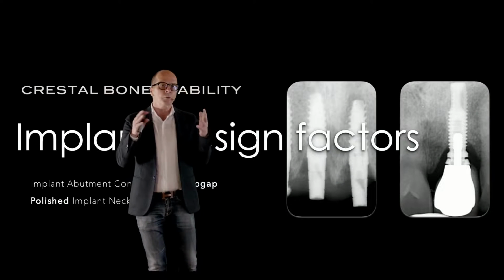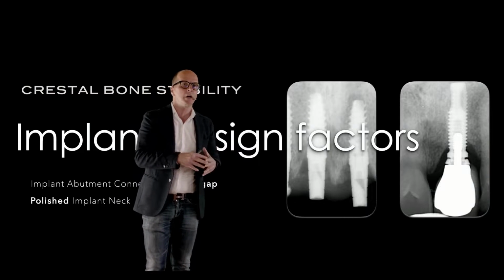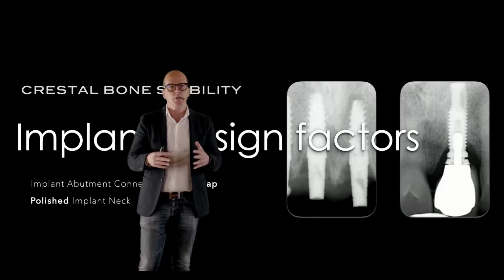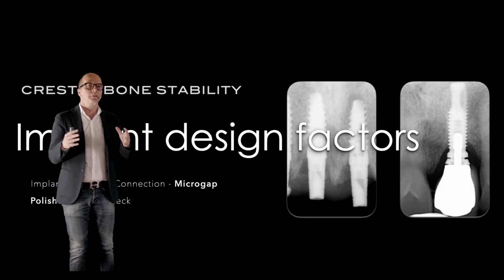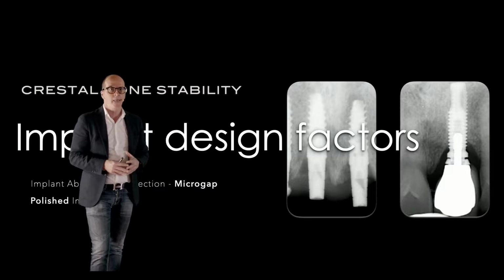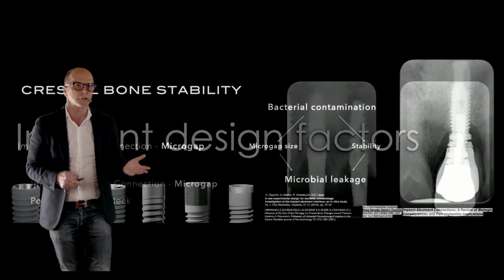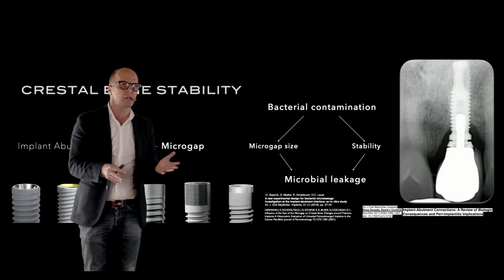So if you look at the contemporary scenario today, how can we achieve crestal bone stability? Not all the implants are the same, so we have to summarize two implant design factors that can affect the bone stability. One is the micro gap and the polished neck of the implant. With the micro gap, we have bacterial contamination.